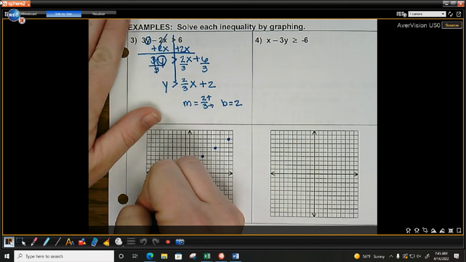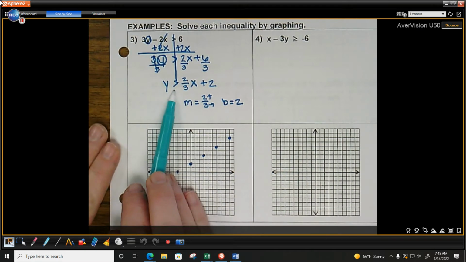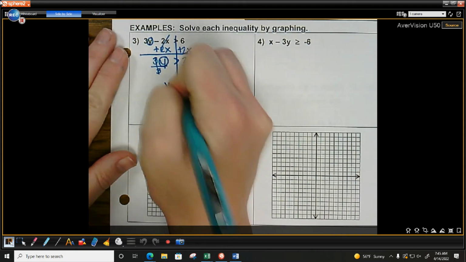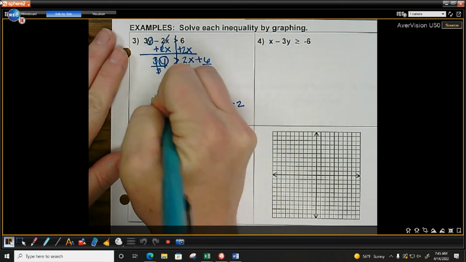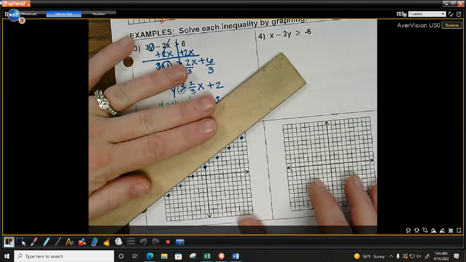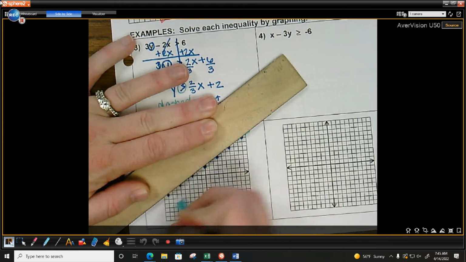Again, do not automatically draw your line because we don't know what kind of line it is. Okay? Do you see the equal to line under it? No. So this inequality sign lets me know that I'm going to have a dashed line. What does a dashed line look like? It's still going to be straight, but you're just picking up your pen. See how this is not solid?